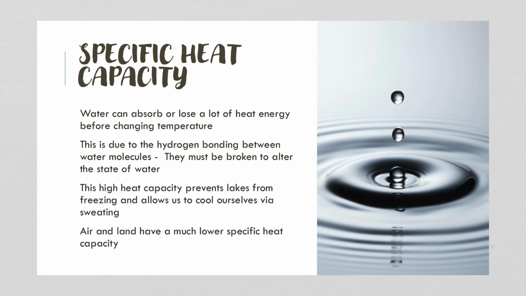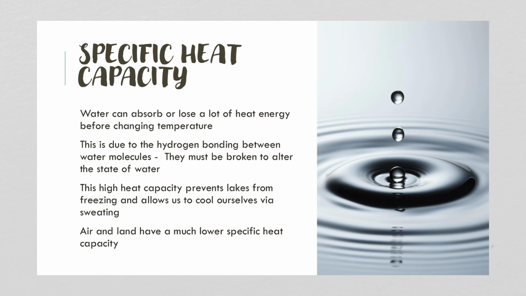Specific heat capacity refers to how much energy needs to be absorbed before the temperature changes. So water has a high specific heat capacity because it can absorb or lose a lot of heat energy before changing temperature. That's because of the hydrogen bonding between the water molecules. They have to be broken to be able to alter the state of water.